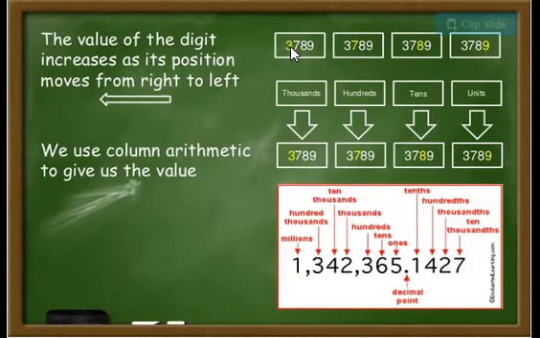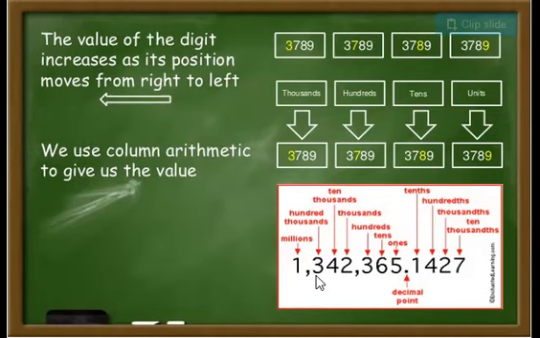Next, 3 is marked, that means 3 is in the thousands place. So we understood that whenever we go to the left side, the position also increases. First 9 is in the unit place, then 8 is in the tens place, so the positions are increasing. So we can use column arithmetic to give us the value.